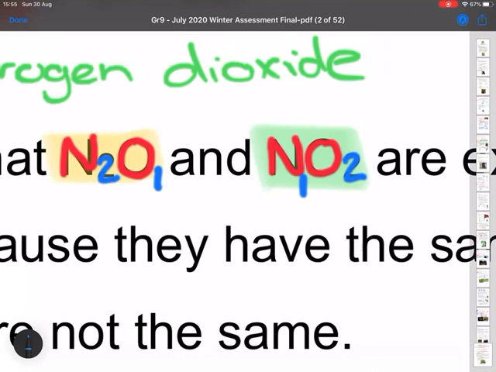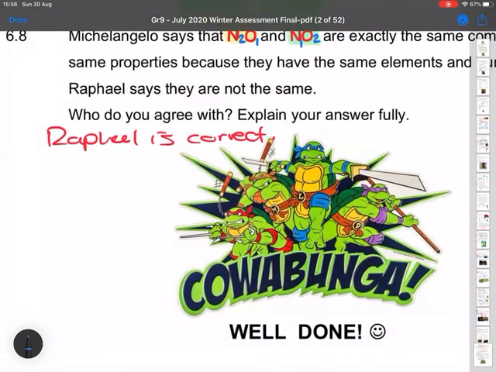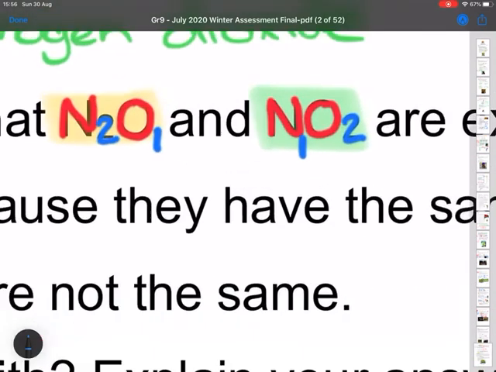So, yes, they've got the same elements, but because they're combined in a different ratio, they are different compounds. And if they're different compounds, they've got different chemical and physical properties. So they're not the same. So Raphael's correct. Although N2O and NO2 both contain the elements nitrogen and oxygen, N and O, the nitrogen to oxygen ratio is different because the subscripts are different, meaning these little blue numbers that I've written here, 2, 1, 1, 2, those are different.